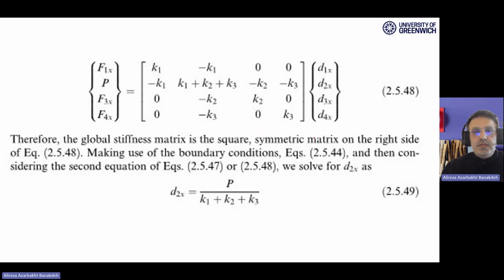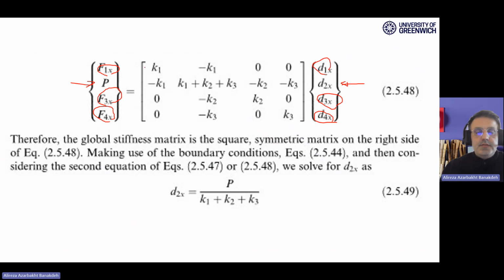And if you do so, this is the general form of the stiffness matrix relating the deformations to the forces. And as you know, these three, F1, F3, and F4, they are support reactions. And this P is the external force at node 2. And on the other hand, D1, D3, and D4, they are all 0, and D2 is unknown, that you should calculate.